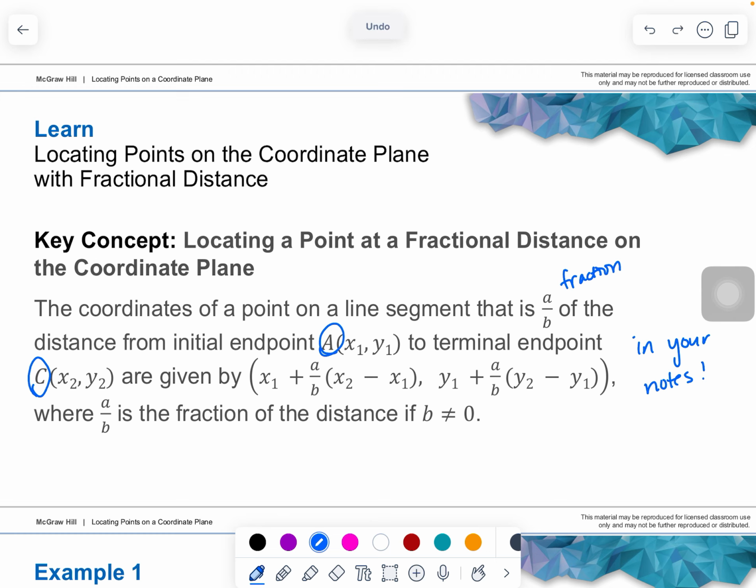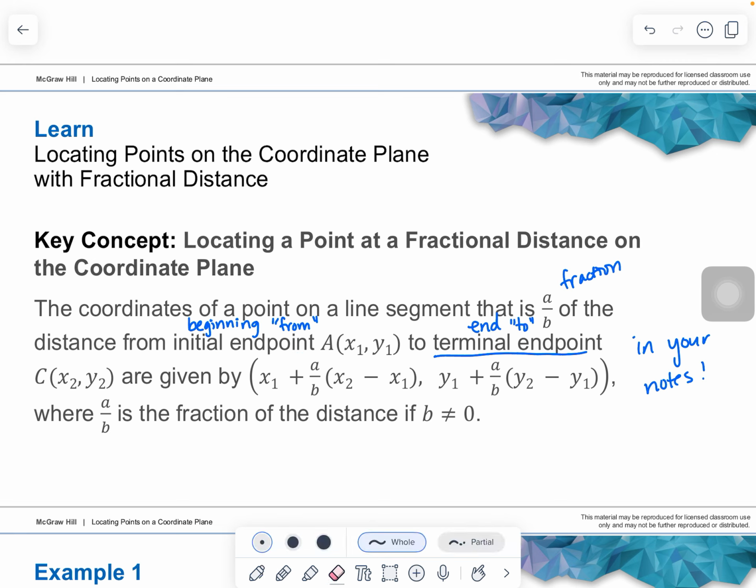They don't matter. What does matter is that they've told you that it's an initial endpoint and a terminal endpoint. That means beginning and an end. Or they'll use the words from and to. Okay?